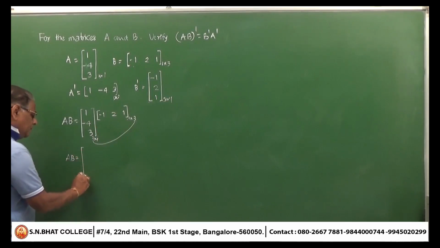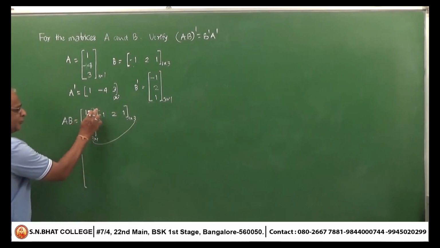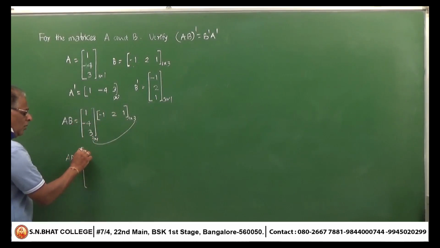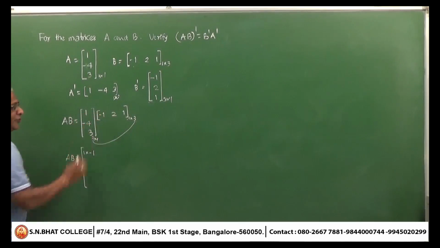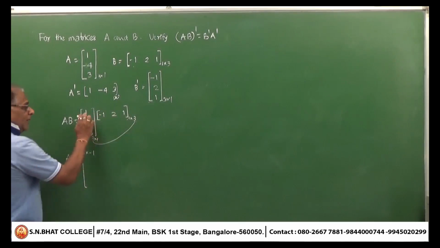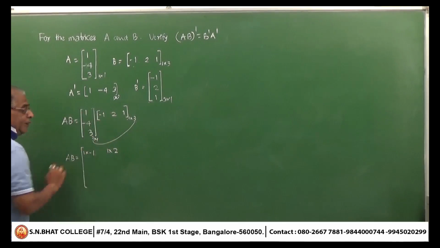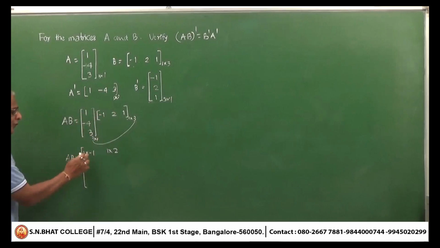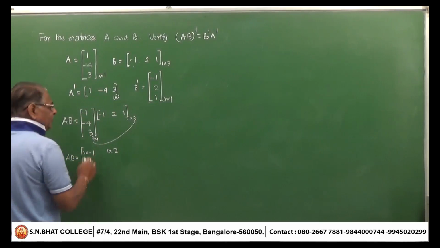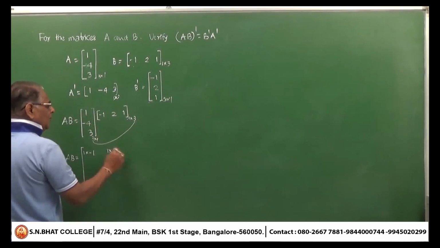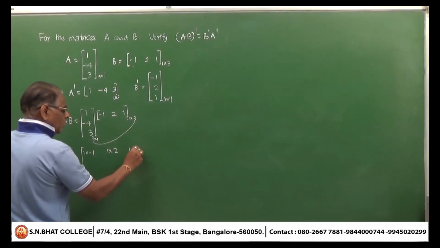AB is, first row, first column, 1 into minus 1. First row, first column got over. Next, first row, second column. Leave a little bit of space between each element. First row, second column, first row, third column.